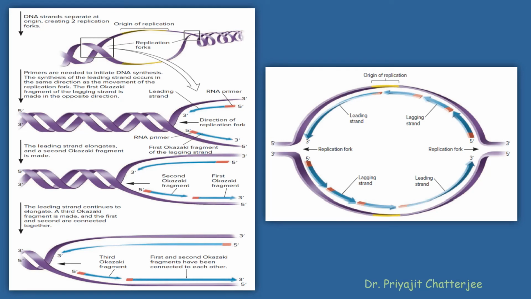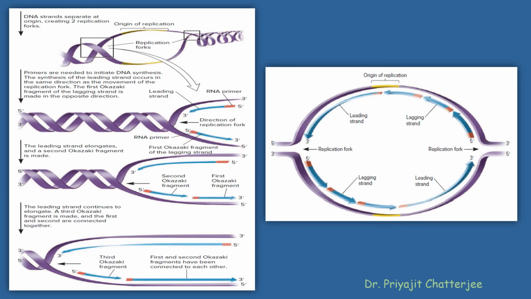Now, we will understand how the leading and lagging strands are made. The figure here shows how new strands are constructed from a single origin of replication. To the left of the origin, the top strand is made continuously in the right side image, whereas to the right of the origin, it is made in Okazaki fragments.